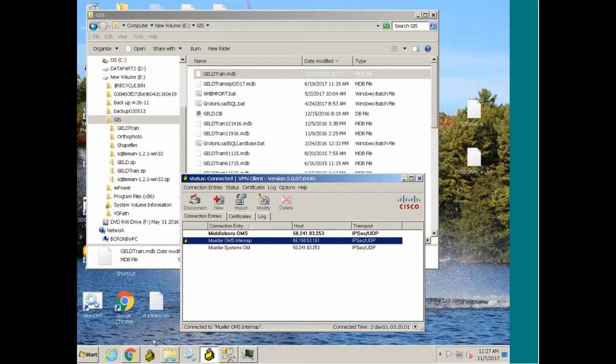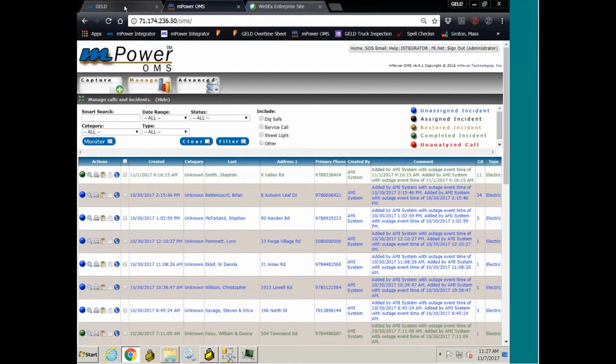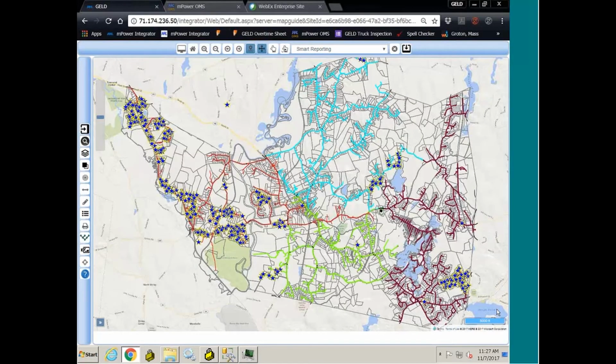This is a case where having this tool helps incredibly. So I get in, I get on my computer, go to mPower Integrator, and look at the map. No matter what police dispatch had been doing by the phones, they get a limited amount of information.